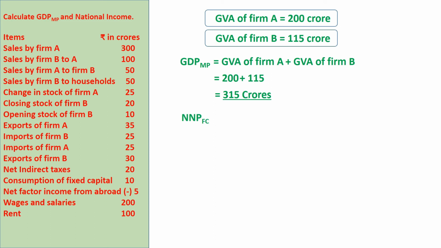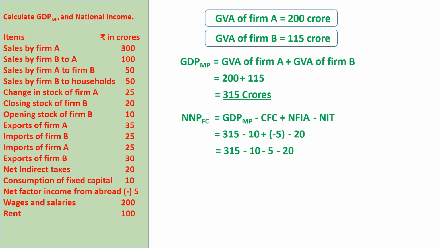NNP at factor cost is equal to GDP at market price minus CFC to convert gross into net, plus NFIA to convert domestic into national, minus NIT to convert market price into factor cost, equal to 315 crores minus 10 crores minus 5 crores minus 20 crores, equal to 315 crores minus 35 crores, that is equal to 280 crores.